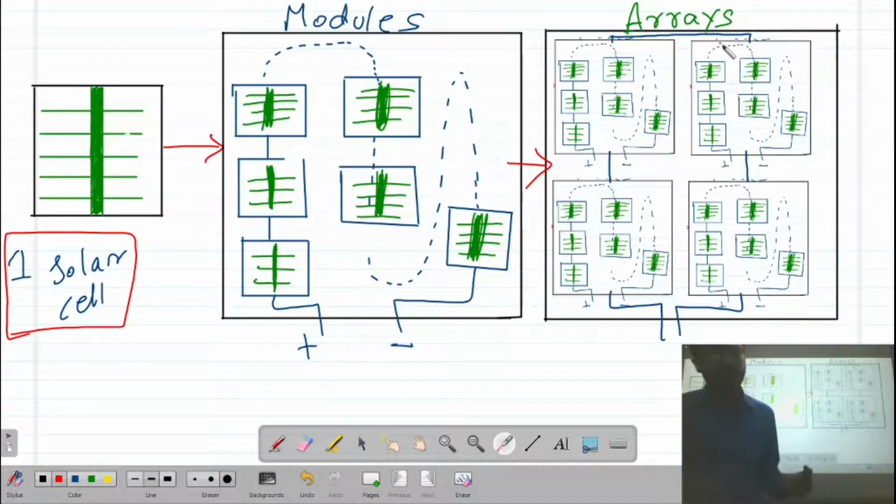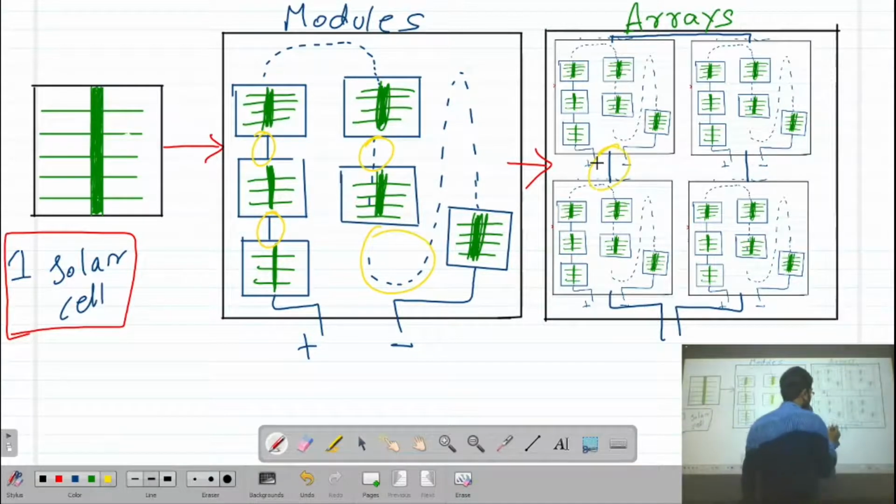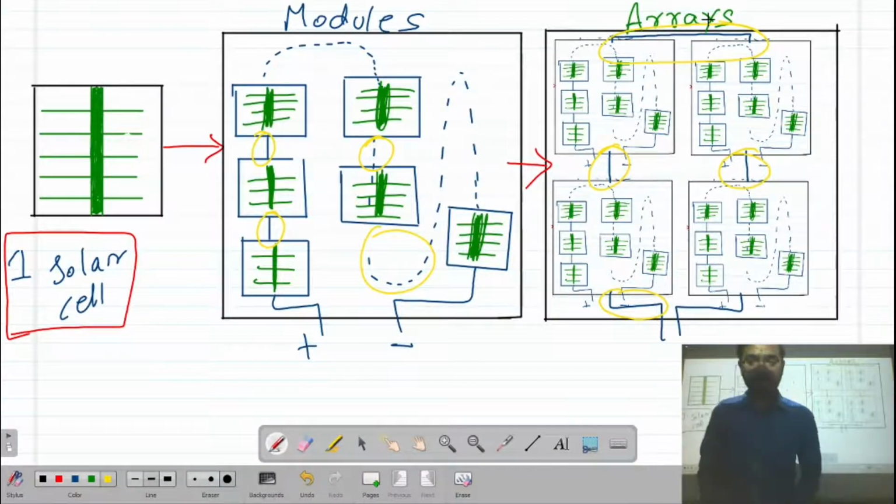Now a very important question arises, which we have to see. What about the interconnection of solar cells? Right? Now, in the market, two types of solar cells are available. That is thin film based technology solar cell and wafer based technology solar cell. Right?